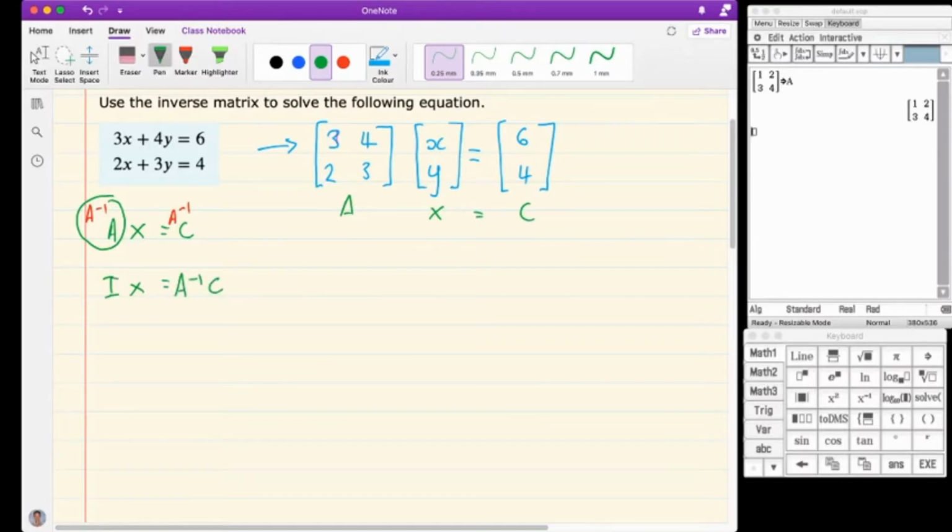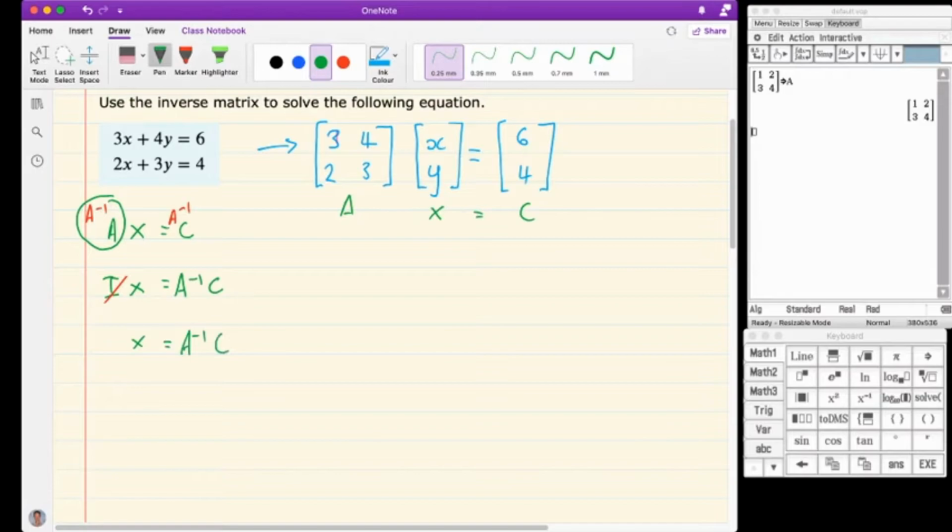After that, what do we know about an identity matrix? We know that an identity matrix times anything is just that other matrix. So an identity matrix times x gives us simply x. So x is equal to A to the negative 1 times c. And what does that mean over here?